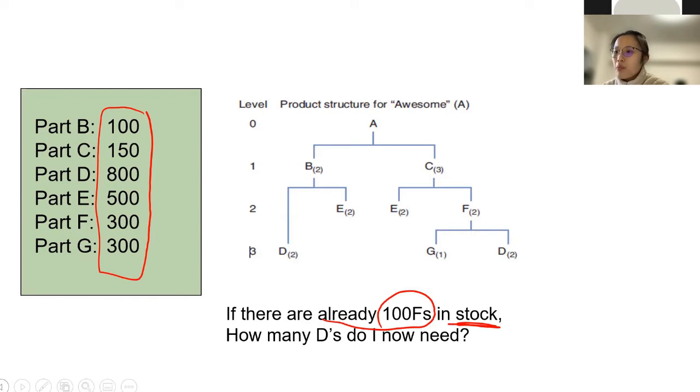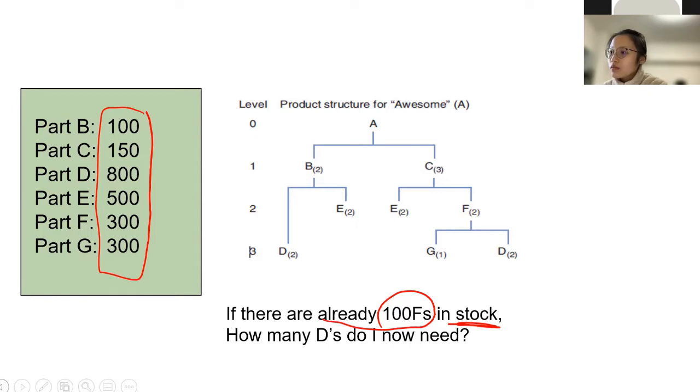400. So 100 Fs in stock. You need 200 more Fs to make. Yes, 1 F requires 2 Ds, so 400.